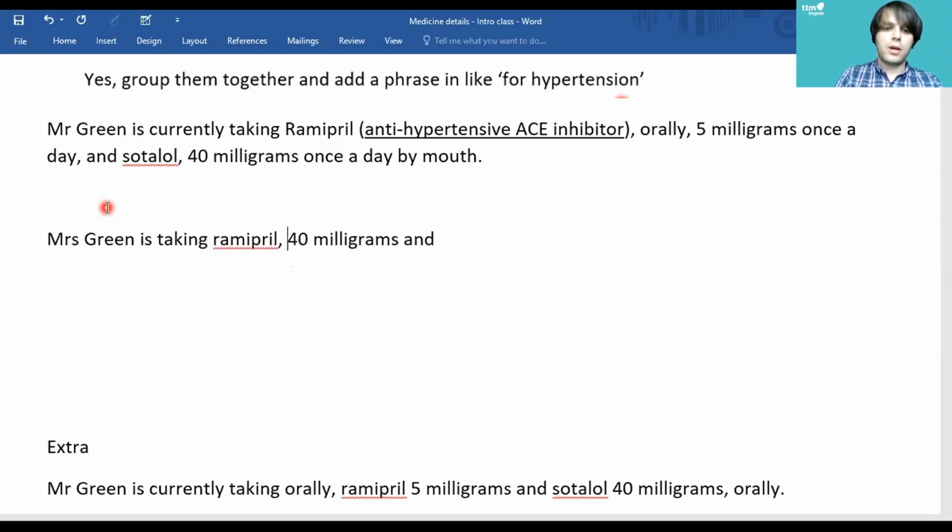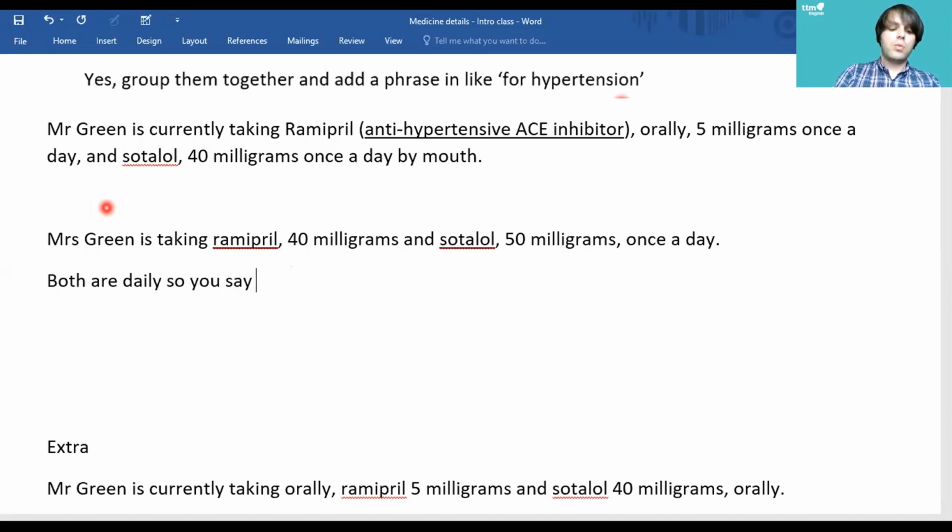Ramipril, 40 milligrams, and sotalol, okay, I don't know, 50 milligrams, once a day. You can put it at the end if both of these are the same. Is that what you mean? Yes, sir. Both are daily, so you can say it only once, okay? If you're not sure, guys, you can just put it in every time, all right?